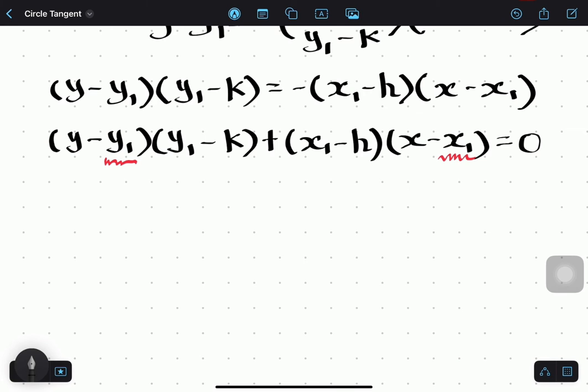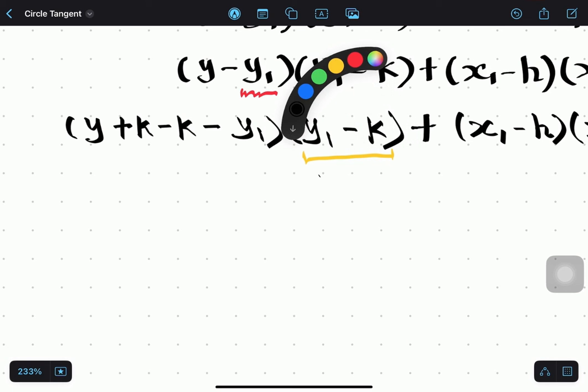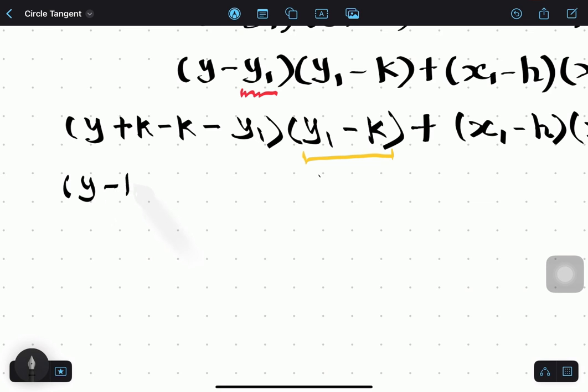So what I can do is add a term and subtract a term. I make the term on the left plus k minus k, to make it the same as the number on the right-hand side, y1 minus k. This is the number that I will know because it's given. y1 minus k is given in the question. I know the point and I know the center.